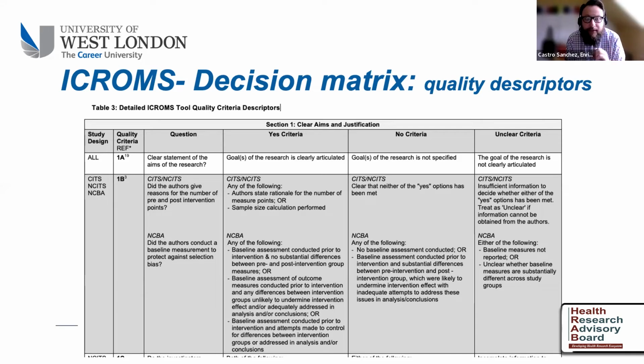So even if we give these clear aims and justification, someone could argue that the goals of the research are clearly articulated, even with that level of detail. That's still unspecific. What does clearly articulated mean? And I know the criteria says the goals of the research are not specified. What does that mean? So as a reviewer, you have to be able to live with that element of uncertainty.